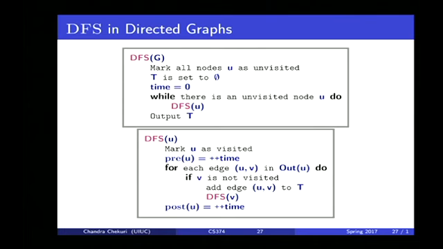The important thing is that this is DFS of the entire graph, and this is DFS of a specific node. You keep on doing DFS as long as there are unvisited nodes. At first this doesn't seem to have any useful value, but we will see that it does.